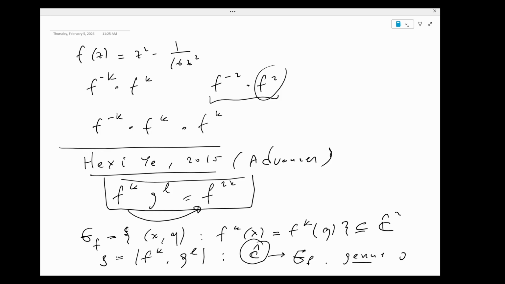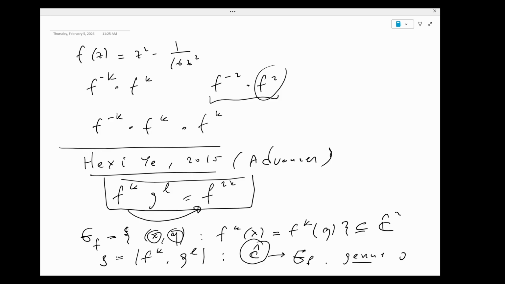The problem is this variety doesn't necessarily have bidegree 1. So bidegree is the degree of a projection of this variety to C hat. So you have two different projections onto the first component and onto the second component. So he shows that both degrees are the same, but even in genus 0, they don't have to be 1.